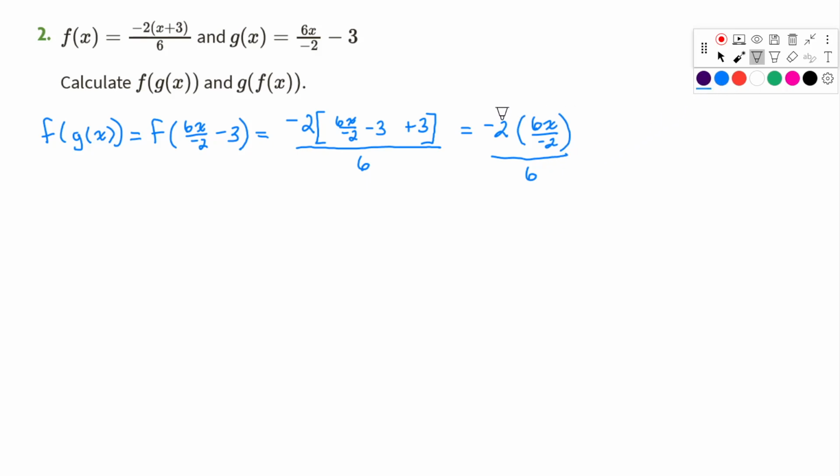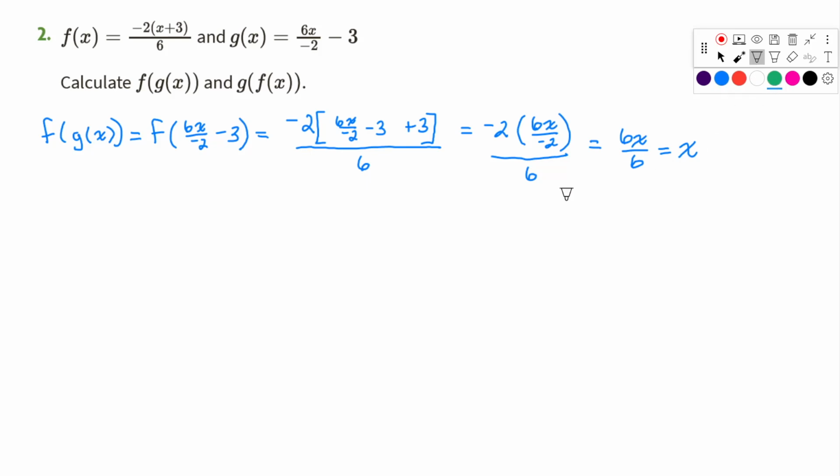Well, what's going to happen now is the negative 2 outside is going to cancel with the negative 2 in the denominator, which is going to leave me 6x divided by 6. And when I divide 6x by 6, I have x.